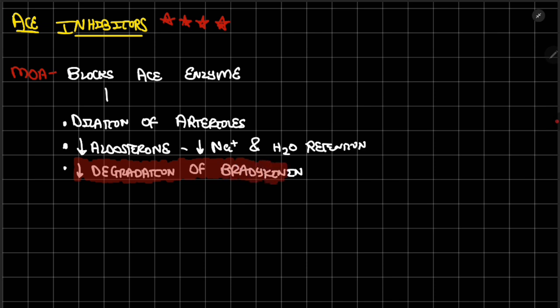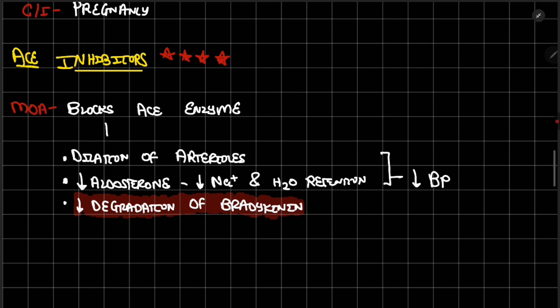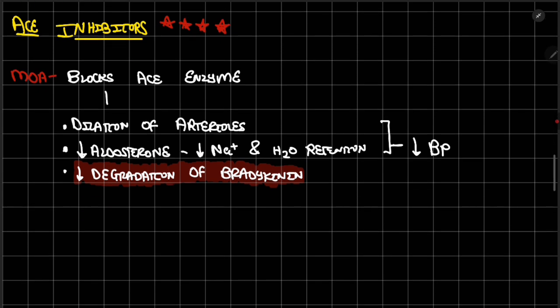One side effect, if seen due to this, will tell us that we have to change the drug. Basically, the first two mechanisms will lead to decreased blood pressure. The mechanism of action is done.